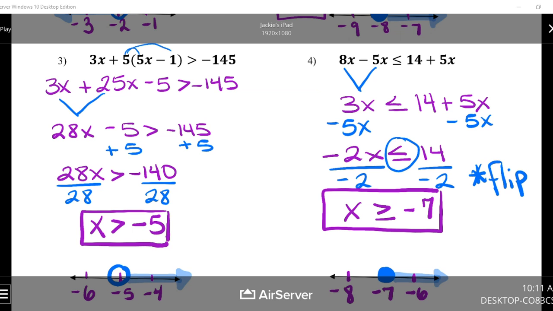Okay, so the same steps apply here as to solving equations. We simplify first, then we collect variables to one side, preferably the left, and the constants, or those numbers without variables, to the other side.